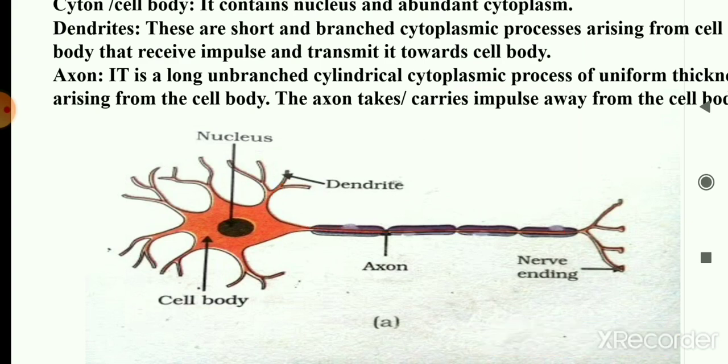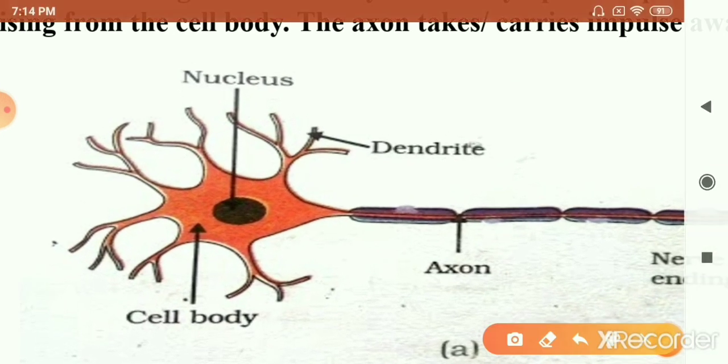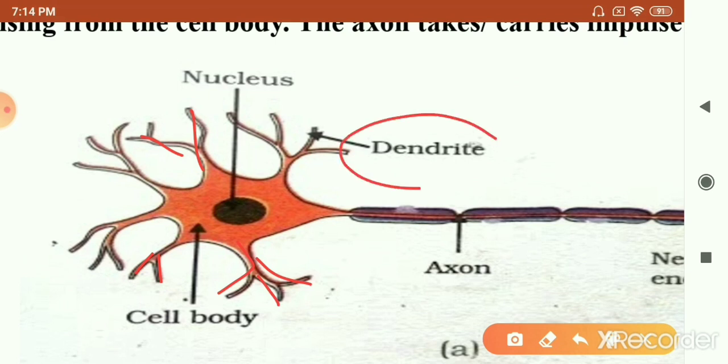Now arising from the cyton or the cell body are short and long cytoplasmic processes. The short cytoplasmic processes, which are branched, having tapering, pointed ends, are called dendrites. The role of the dendrite is that it receives the stimulus. A stimulus can be touch, light or any kind of change.